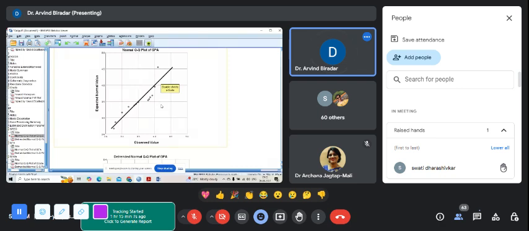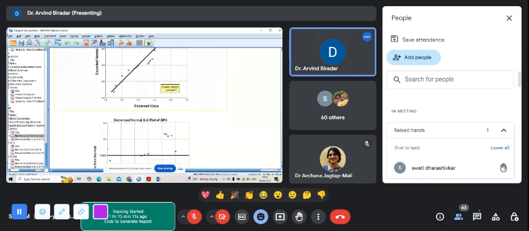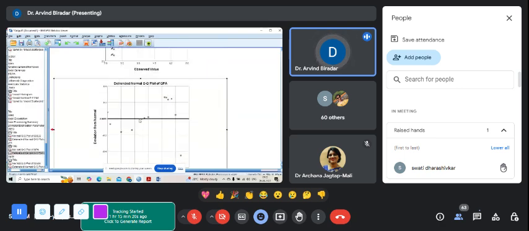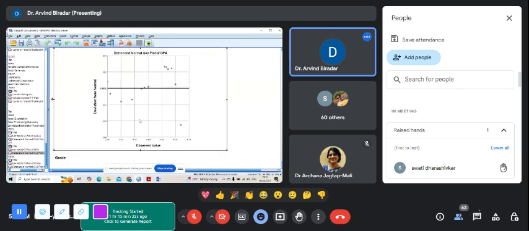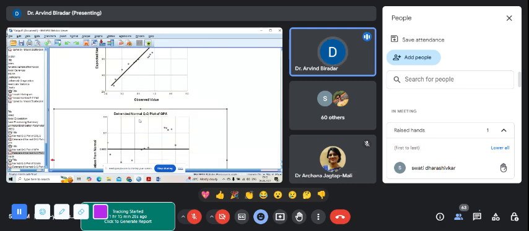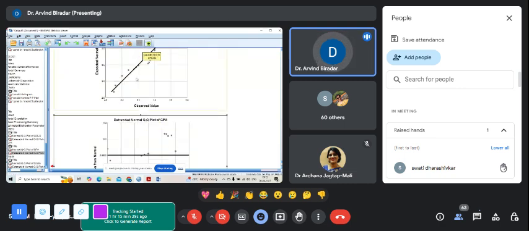GPA, expected normal value is like this. Detrended normal, if it is like that, the points come like this. So this is our reference. If normality is satisfied, your graph comes like this, all the points falling near to this.